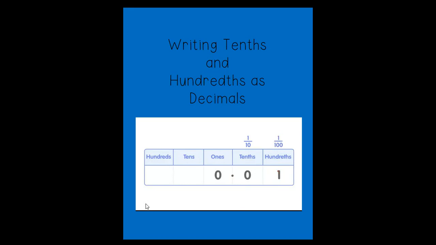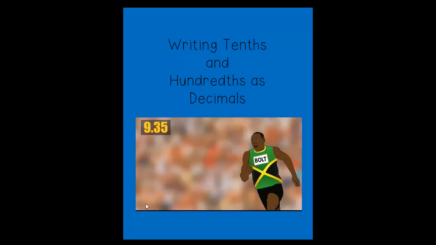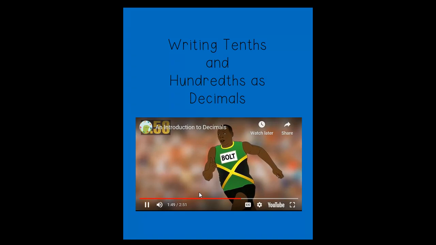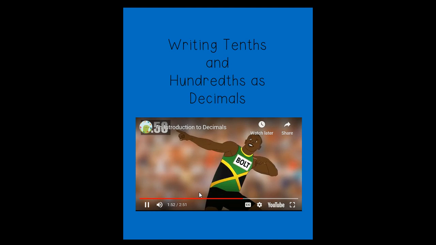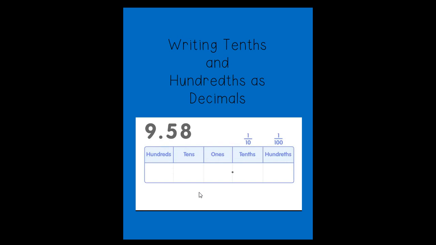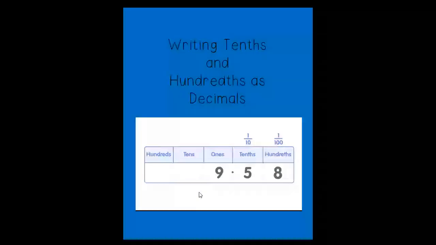Let's take a look at how we use decimal numbers. In 2013, the world's fastest man, Usain Bolt, set a new world record time for running 100 meters. The time was 9.58 seconds. Usain Bolt's time was 9 whole seconds, 5/10ths of a second, and 8/100ths of a second.